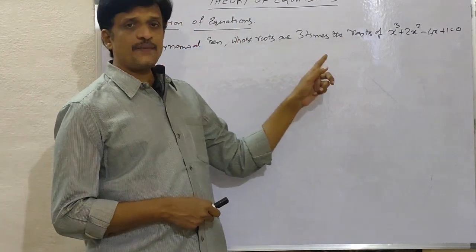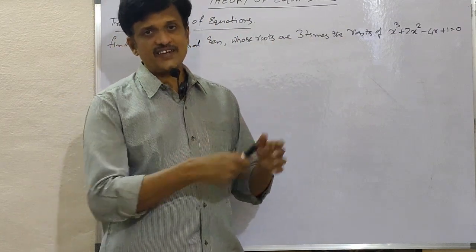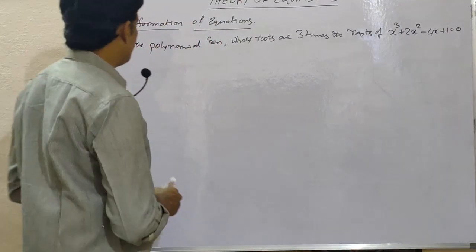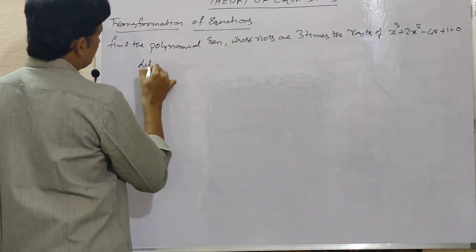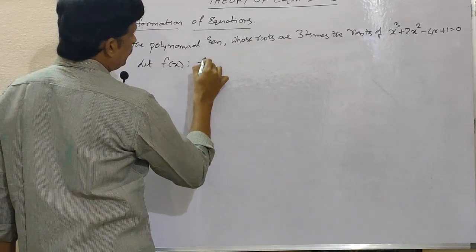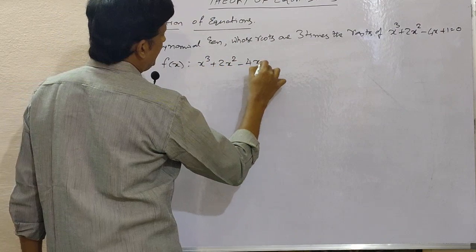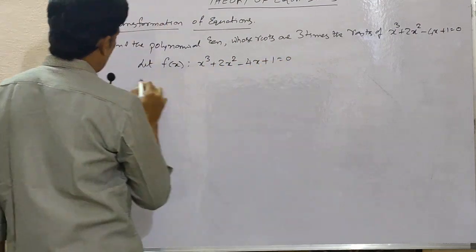If each root is k times, the required equation is f of x by k. In the same way here, let f of x be the given one, x cube plus 2x square minus 4x plus 1 equal to 0.